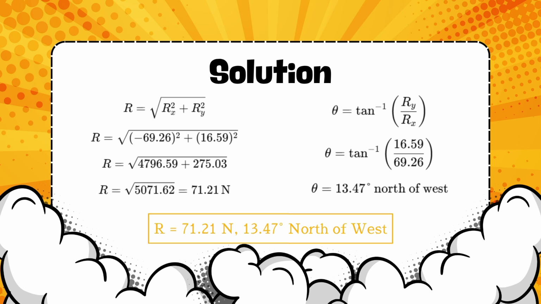Step 5, we will find the angle using tangent. So here we can use our calculator, but press shift tangent 16.09 over negative 69.32. And that gives us about 13.47 degrees. For our final answer, the resultant force is 71.21 newtons at an angle of 13.47 degrees north of west.